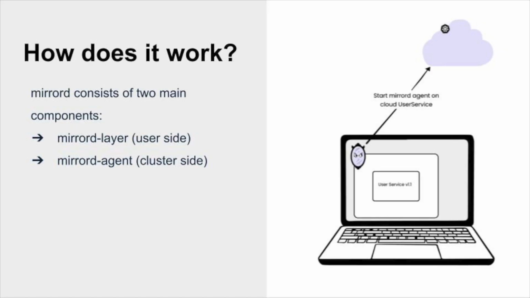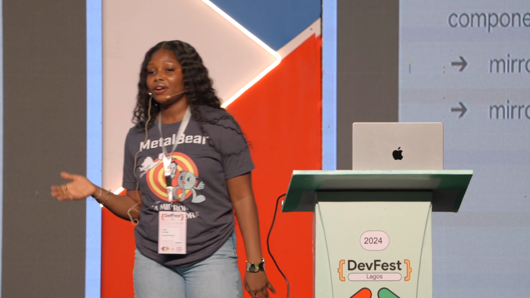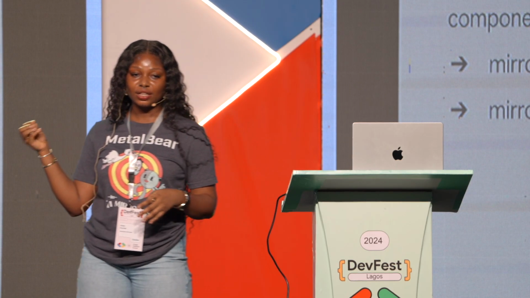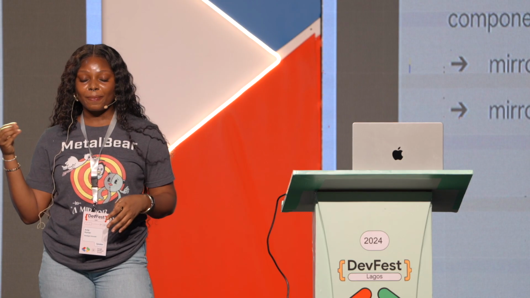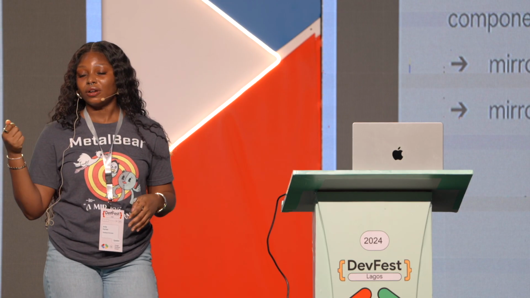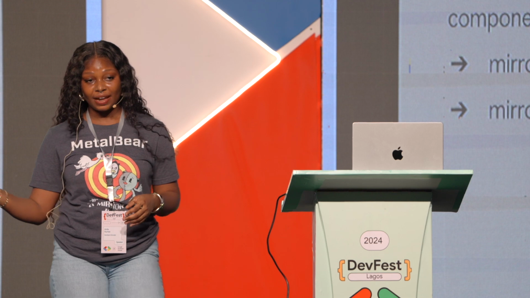Meridi works in this way, right? It comes in two components. There is the Meridi layer, and then the Meridi agent. When you enable Meridi on your system, your VS Code, or any IDE you're using at all, what it does is it creates a pod called the Meridi agent that is being inserted into the target pod that you're particularly specifying.